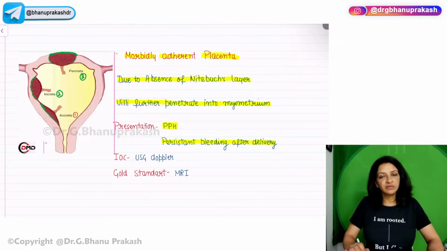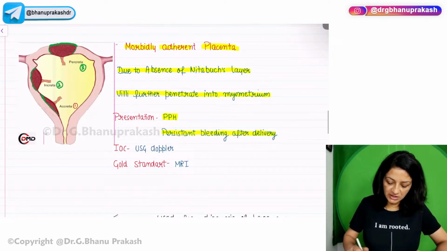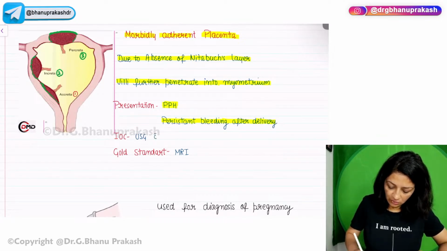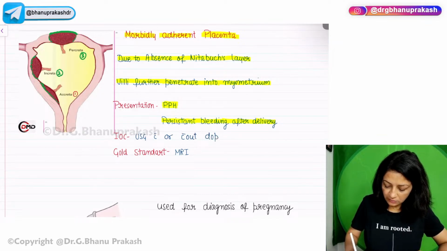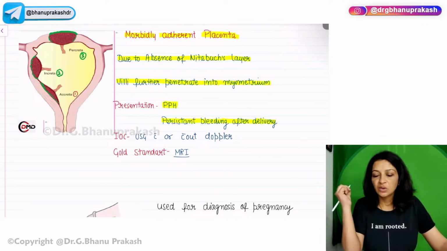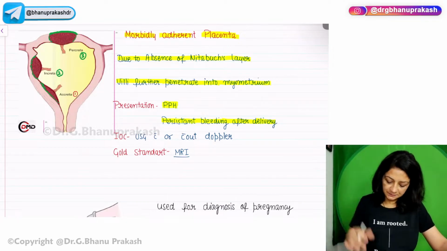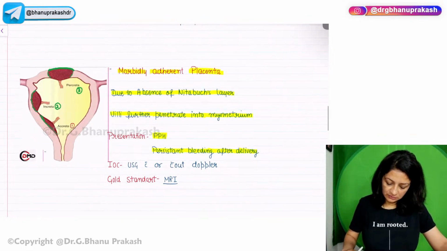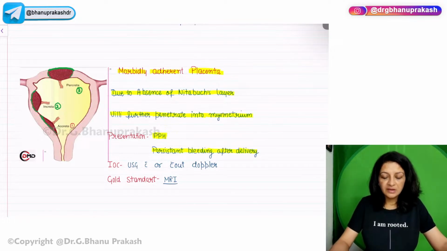So investigation of choice is ultrasound with or without Doppler. And the gold standard is MRI. So this is all about morbidly adherent placenta.